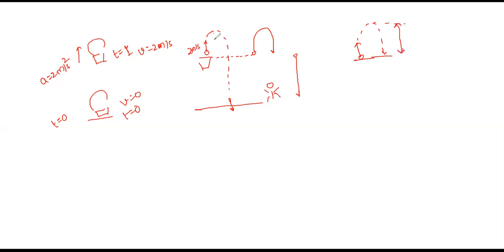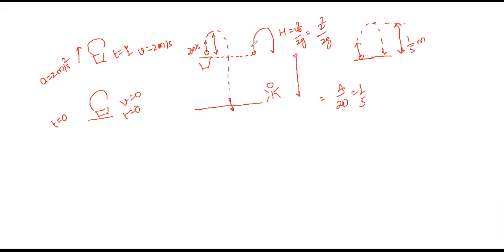So this maximum height h will be equal to u naught square by 2g, that is 2 square by 2g, right? That is 4 upon 20 or 1 by 5. So this height came out to be 1 by 5 meters.